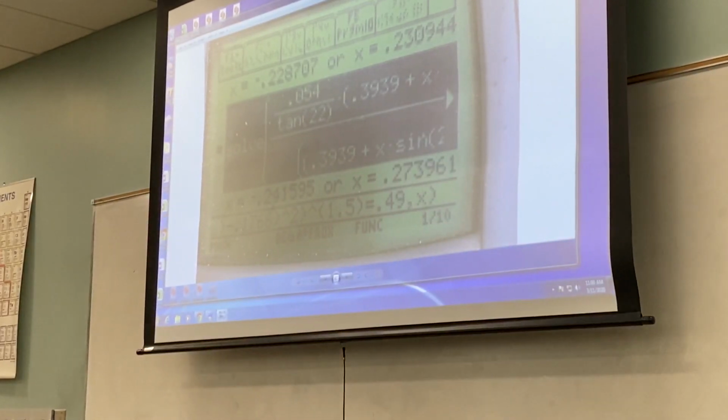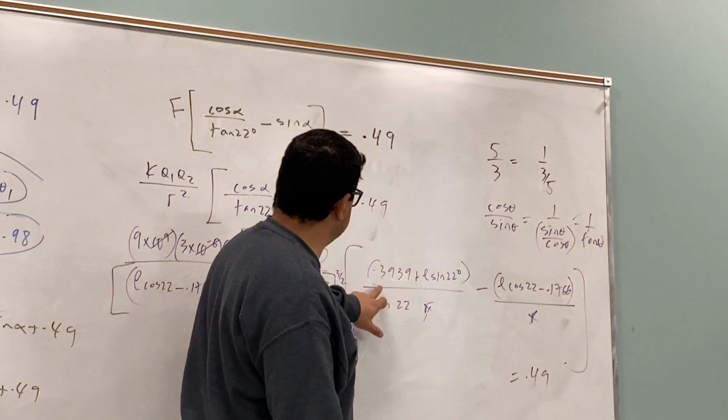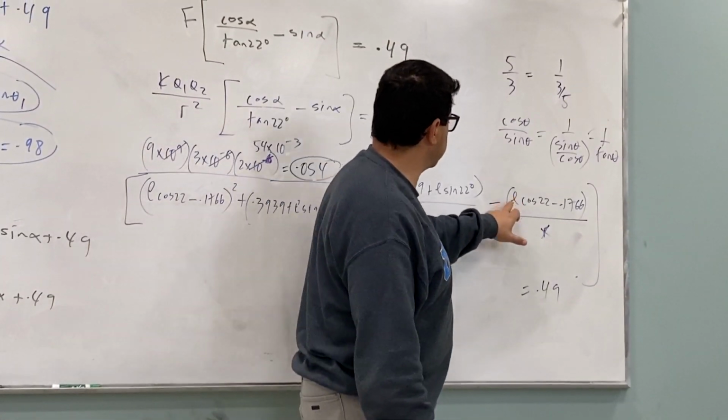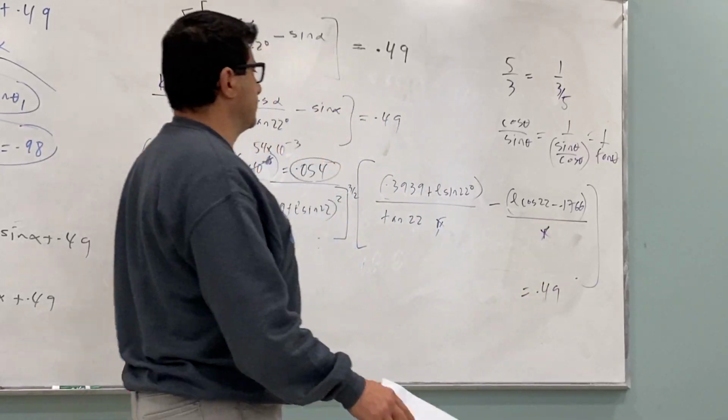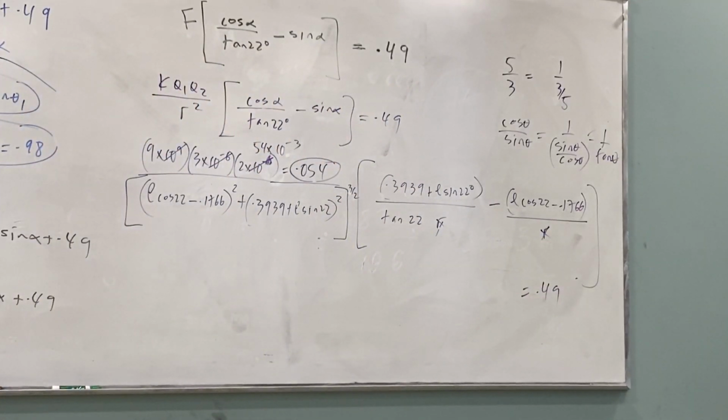Yeah. So basically, I just multiply this in, 0.054 times this thing, tangent 22, minus 0.054 times this, right? So let's follow, everything looks good. And then the next picture has the rest of that. Okay, so I have 0.054 times tangent 22, plus x sine of 22, right? Minus 0.054 times what?